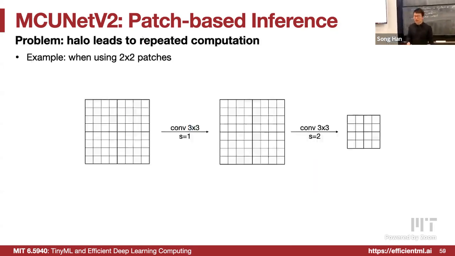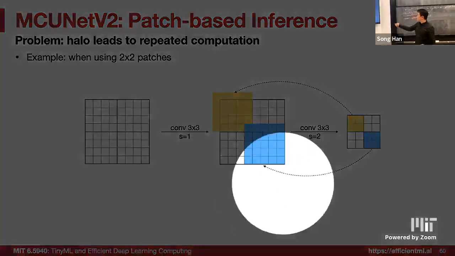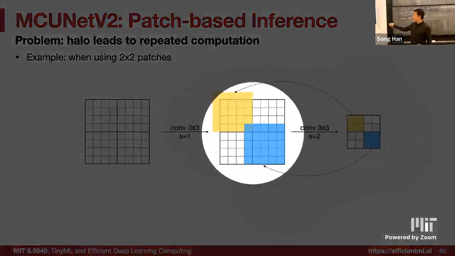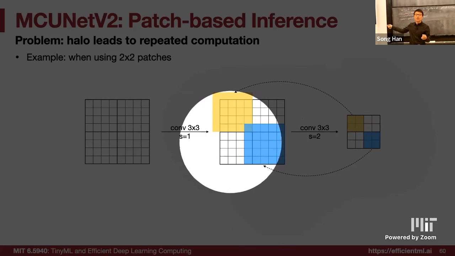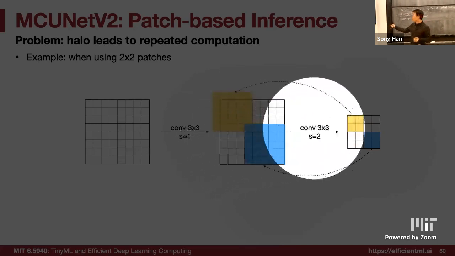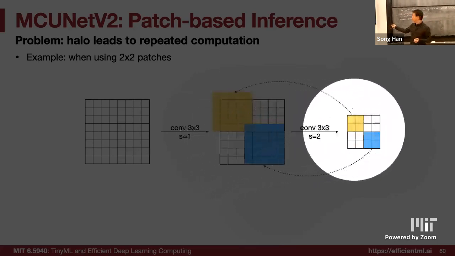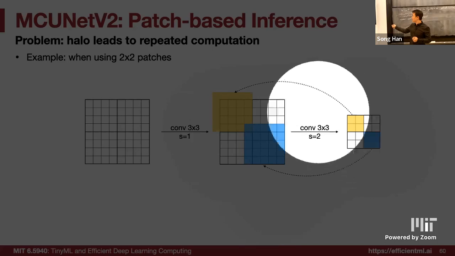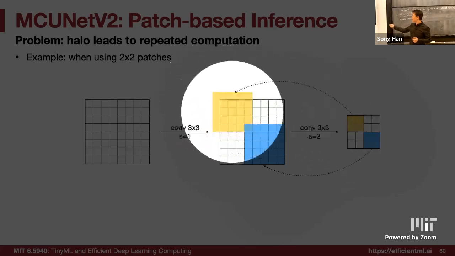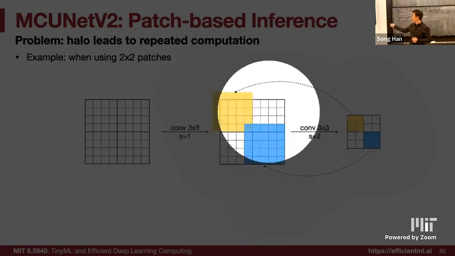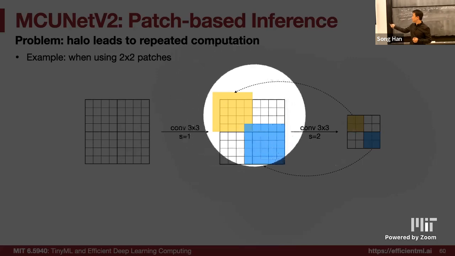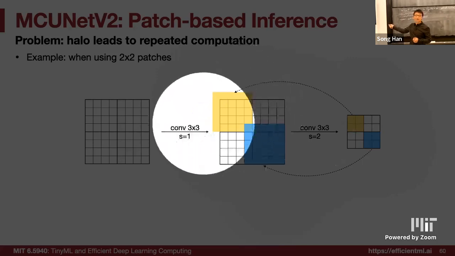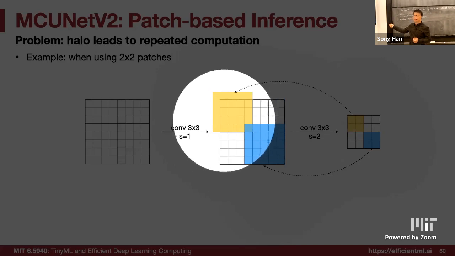So if you think about just one layer, this is the layer output, this is the input. The convolution has a receptive field. If this is a 3x3 convolution and the output is 2x2, what is the effective receptive field? So here you have a 3x3 conv, stride 1, expanding by 2 pixels, so the receptive field is 5 by 5.